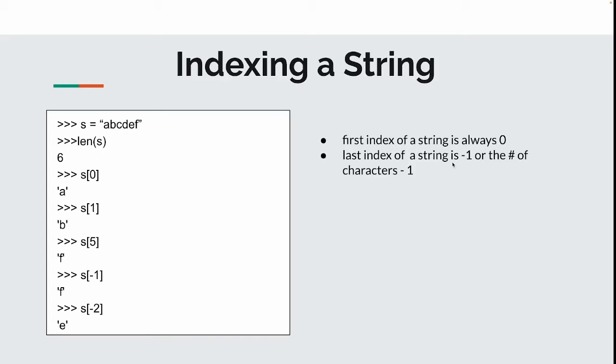And then the last index is -1, or the number of characters minus 1. So we have S of 1 is B, S of 5 is F. It's 5, not 6, because remember we started at 0. And then S of -1 would be F, and S of -2 would be E.